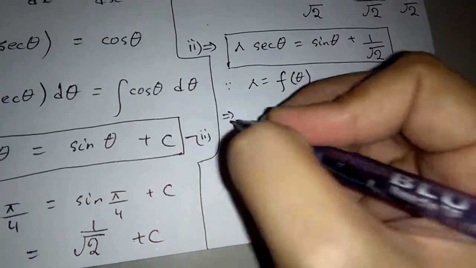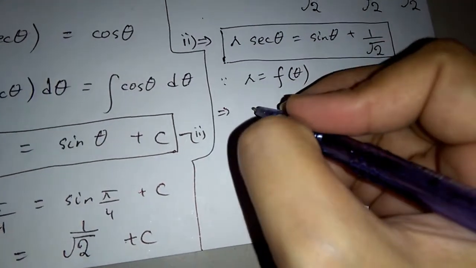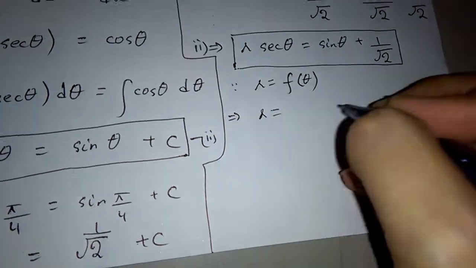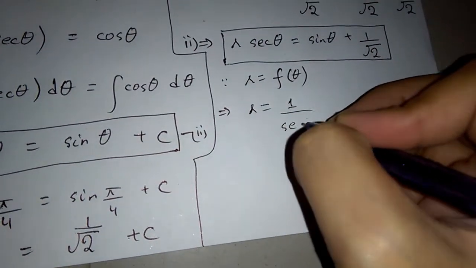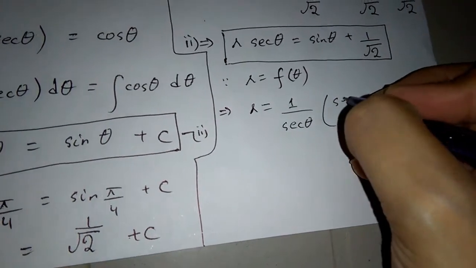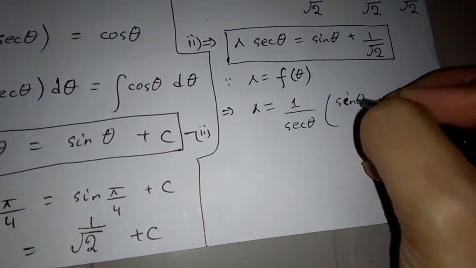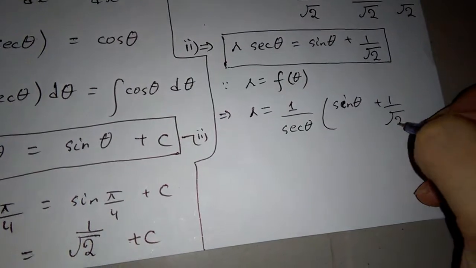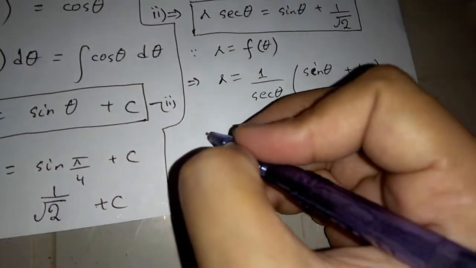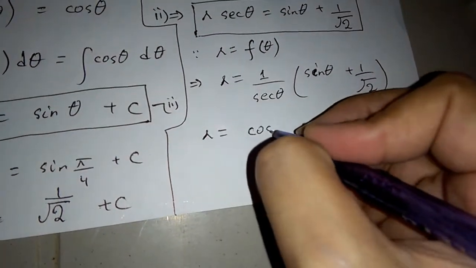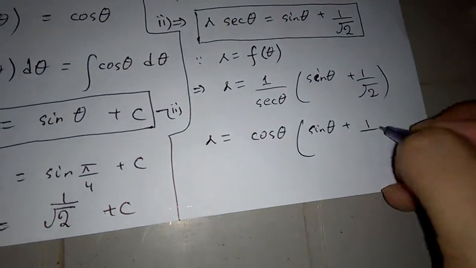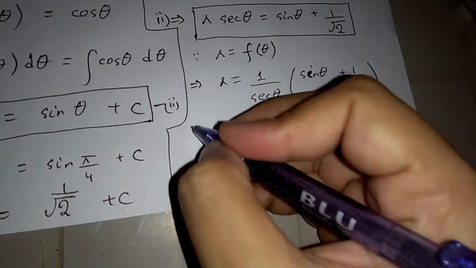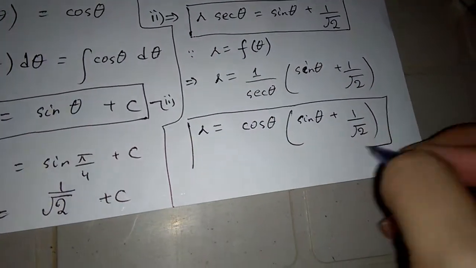So therefore, you can write this thing in a way that r is equals to 1 upon sec theta getting multiplied with this whole, sine theta plus 1 upon under root 2. So this is indeed your cosine. So r is therefore cos theta times sine theta plus 1 upon under root 2.